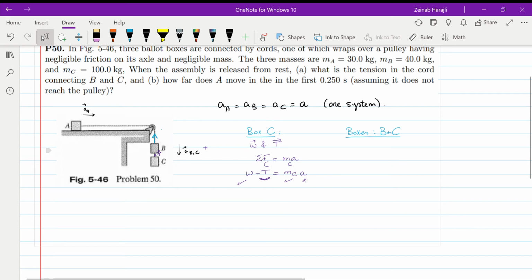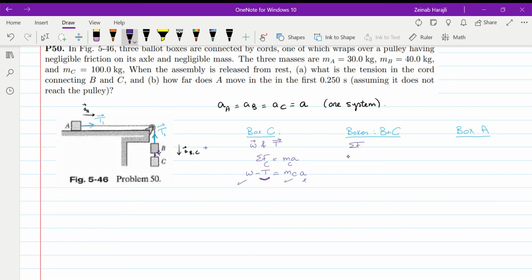Let's name this T1. It can be found by studying the tension here in box A. So we're going to study two more objects. First, we're going to study boxes B and C as one system, and then we will study box A. Let's check what we will get by applying Newton's second law.